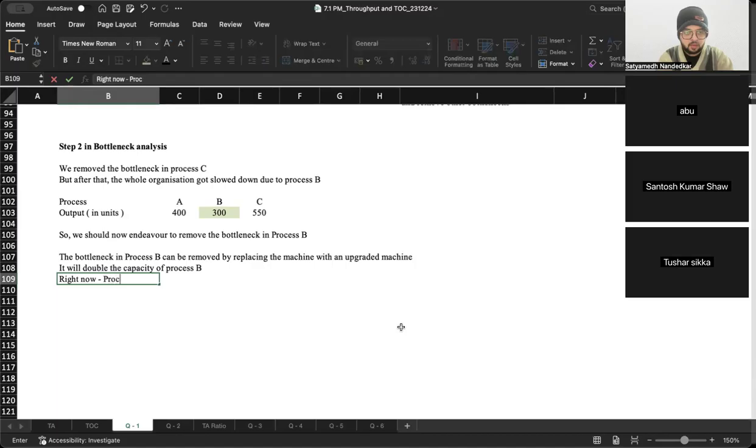Right now, process B is capable of making 300 units. After I upgrade the process, I will have the ability to make 600 in process B. Okay, double of 300 is 600.